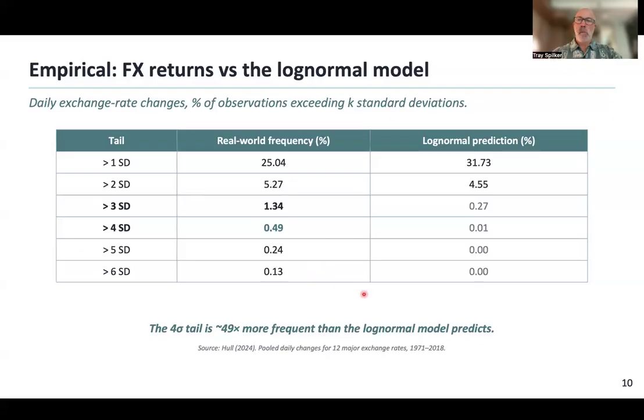So one thing also to note here is that the one or two sigma moves, these are all what you would expect more often to happen. These occur less often in reality than the log normal would predict, right? So the log normal would predict that a one standard deviation move would happen 31.73% of the days, whereas in practice, it's only about a quarter of those days where it stays within a one standard deviation move.